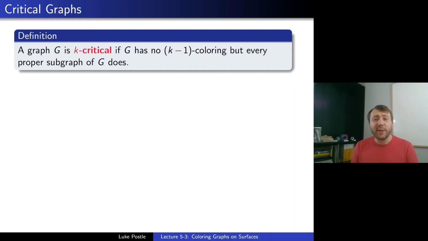And so it's very natural to look at these, and maybe somewhat unfortunately, it's called k-critical, which makes sense because the chromatic number is k, but really it's about (k-1)-coloring. If we had a redo, I would call it critical for (k-1)-coloring, but we'll just use the definitions as they were before. So that's k-critical.